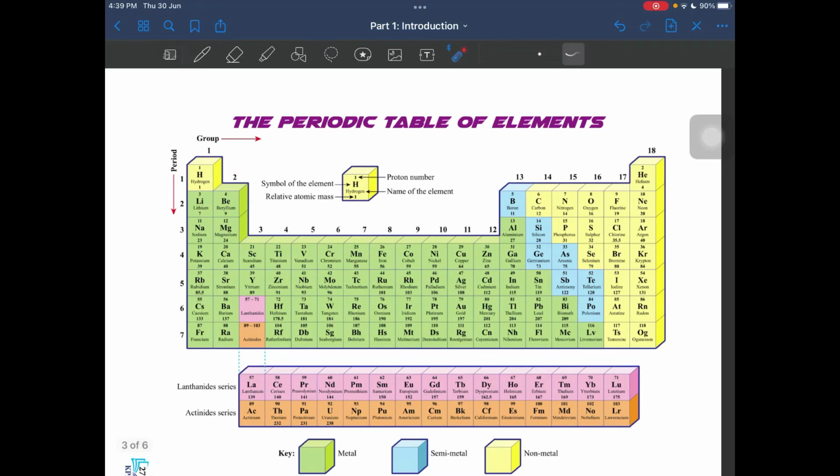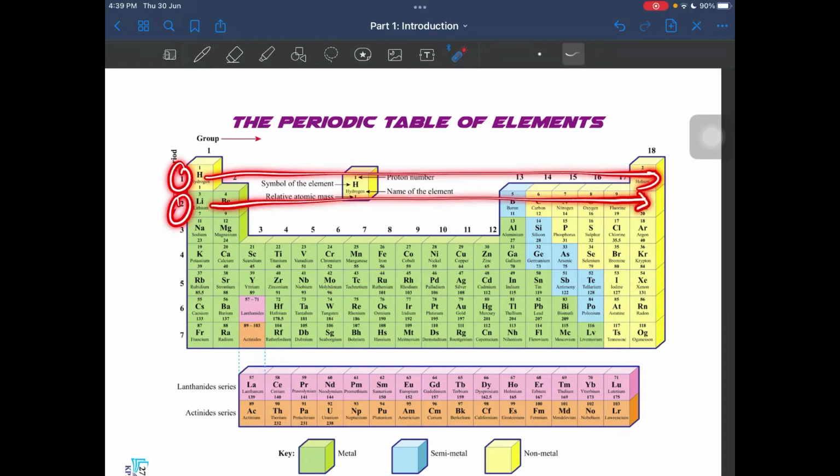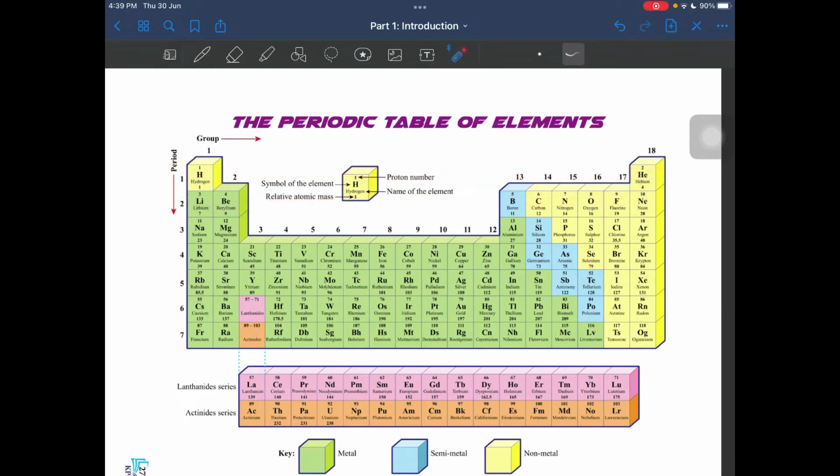If you look at this periodic table, you will notice that there are numbers assigned to each of the vertical columns, and there are also numbers assigned to each horizontal row. Each of these vertical columns is called a group. So the first vertical column would be group 1, the second vertical column would be group 2, and so on. This third one would be group 3.